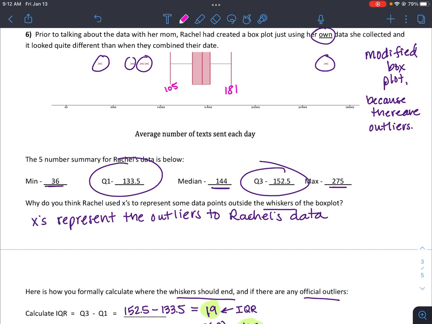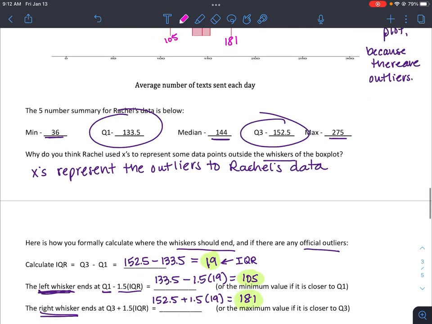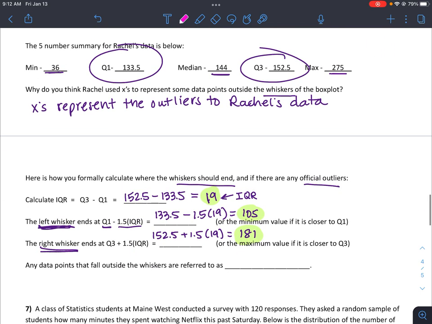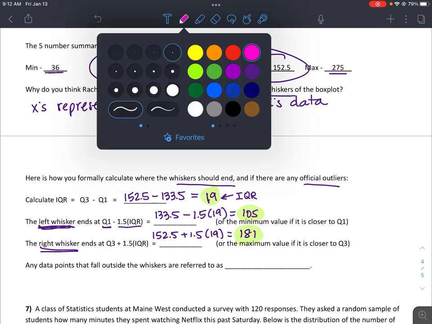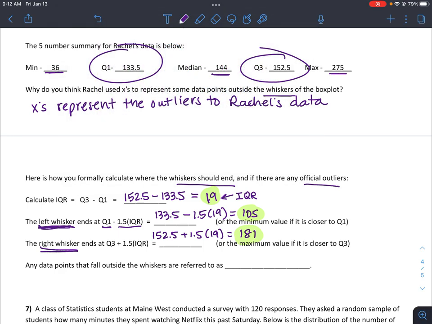Okay, so anything above here is considered an outlier. And since we have that 275 as part of our data, that is going to be considered an outlier. So any data points outside of these whiskers, to the left or to the right, are referred to as the official outliers for sure.